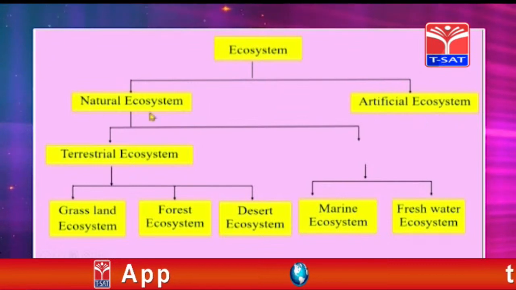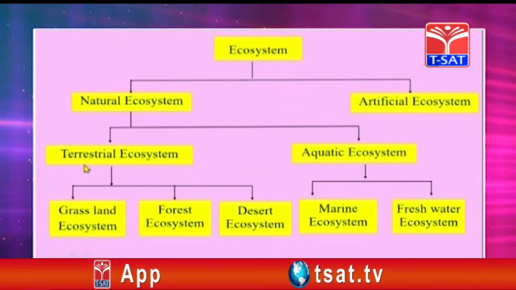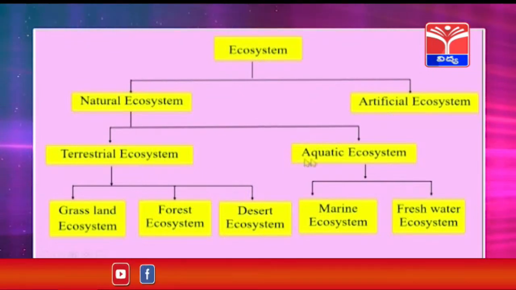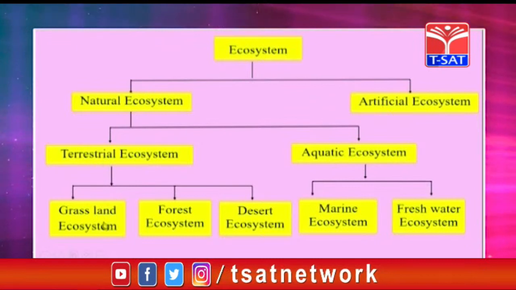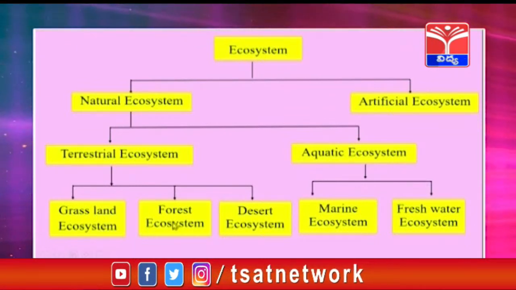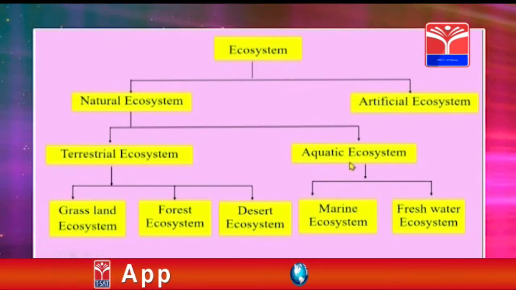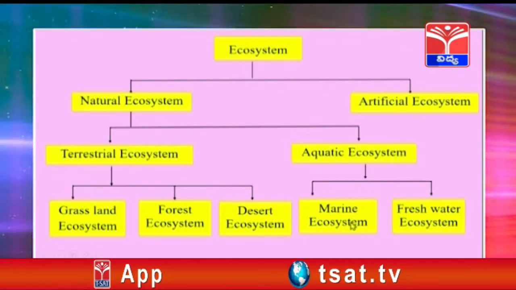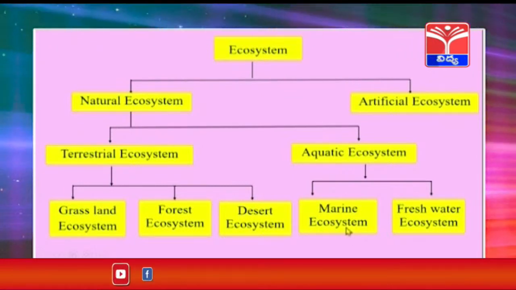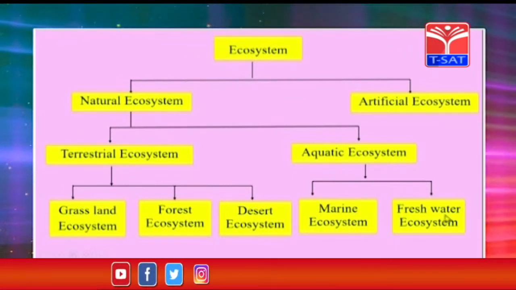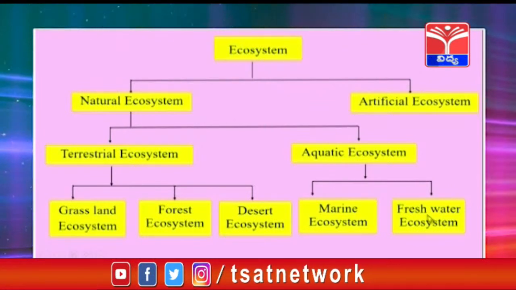Whereas natural ecosystem is classified into two groups, that is terrestrial ecosystem and aquatic ecosystem. Terrestrial ecosystem consists of grassland ecosystem, forest ecosystem and desert ecosystem, whereas aquatic ecosystem is of two types: marine ecosystem, that is sea and oceans; freshwater ecosystem, that is rivers, ponds, lakes, etc.